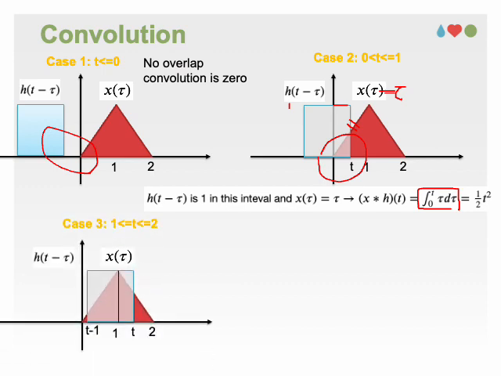In the third case, for all values of t between 1 and 2, there are overlaps between the input time series x(tau) and the kernel function h(t minus tau) in the interval t minus 1 and t. In this interval, the kernel function h(t minus tau) is equal to 1.